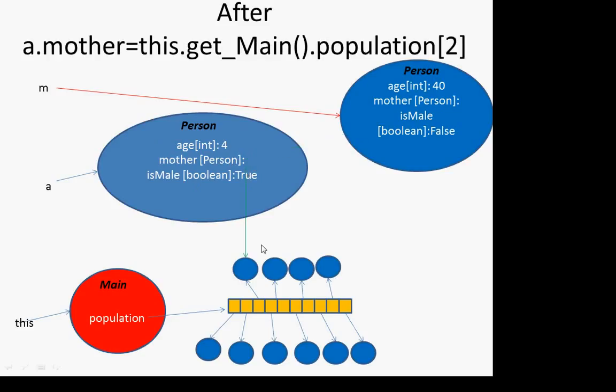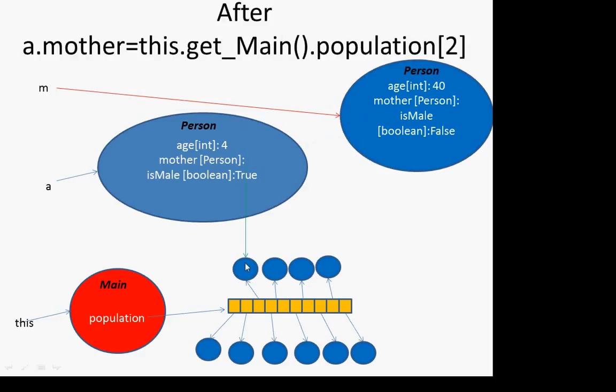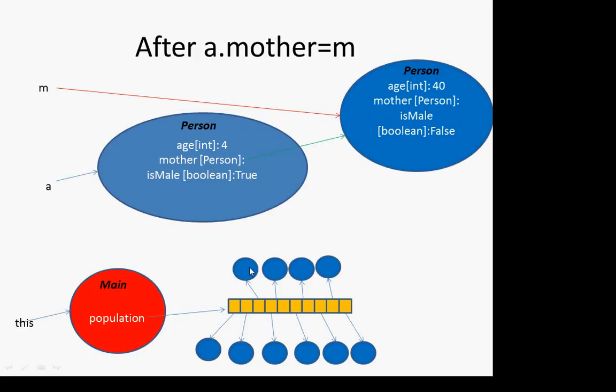And if we said further, A dot mother equals this, it doesn't change this guy at all, this person at all. All it does is it says, okay, formerly it had a reference here to this guy. Now this reference is instead going to be to this guy here, right? So all it's doing is it's assigning a different value to this location. The value was a reference to this, and now instead it's a reference to this. This person is unchanged.